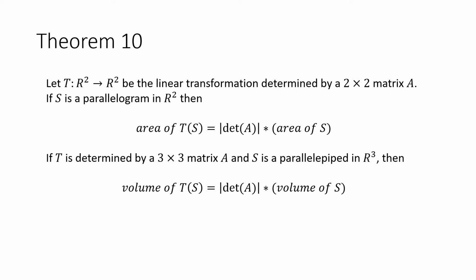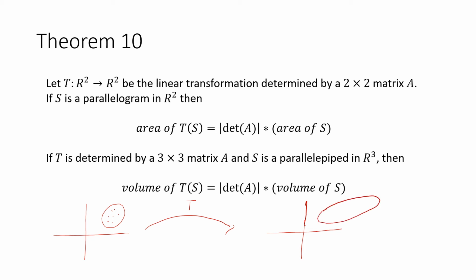So for instance, if we have on our plane some kind of a surface, say a circle, we can think of transforming it through a linear transformation T, where you take every point in there and plot it out after the transformation. You will get some kind of shape over here.